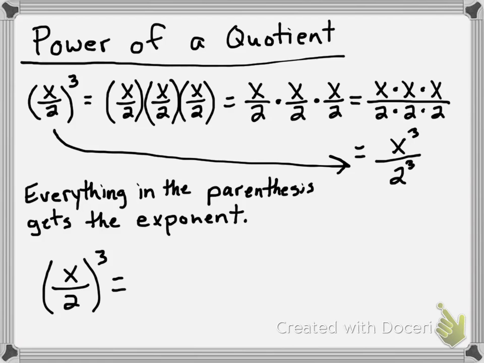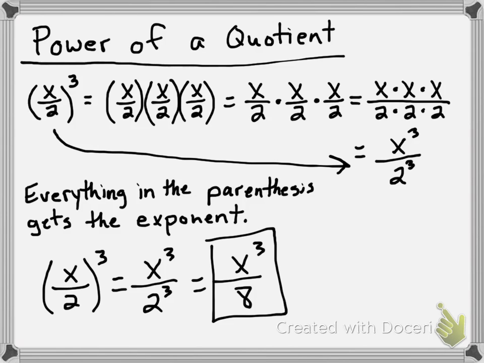So I had x over 2 to the third, so that just means I have x to the third over 2 to the third. And then I simplified just like I did last time, and 2 to the third is 8. So x to the third over 8 is my answer to that problem.